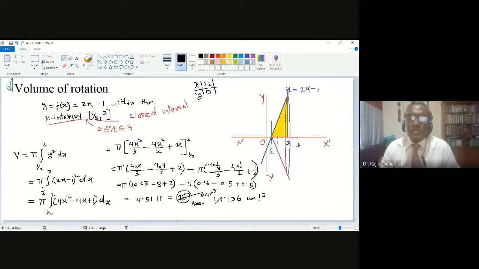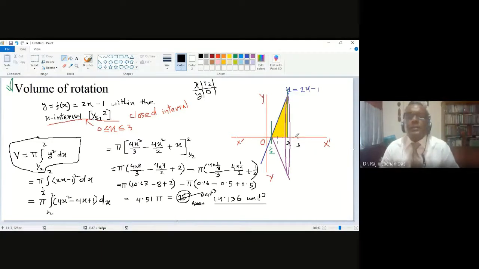So this is the understanding. By using this formula of definite integral, you can find out the volume of a certain three-dimensional shape. The 3D shape is coming from the 360-degree rotation of the area, taking x-axis as the center.